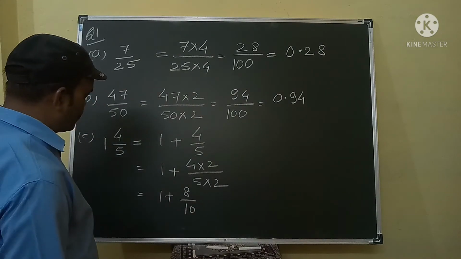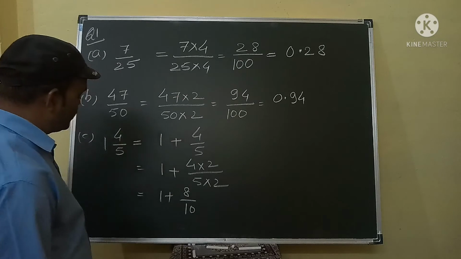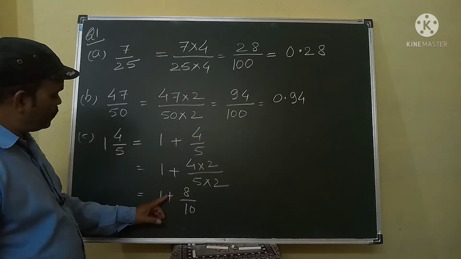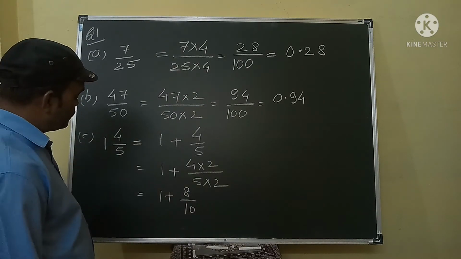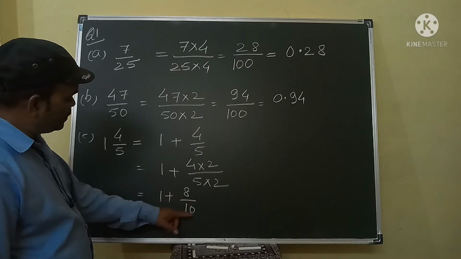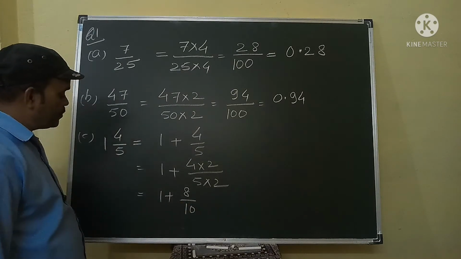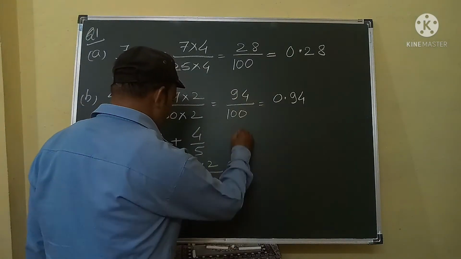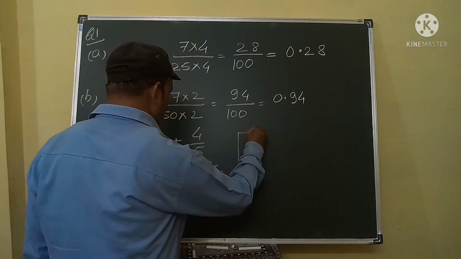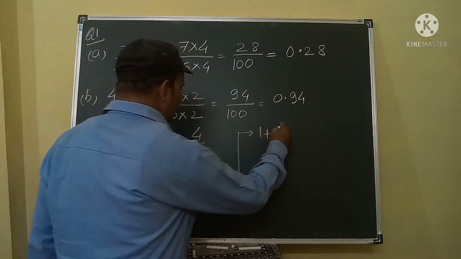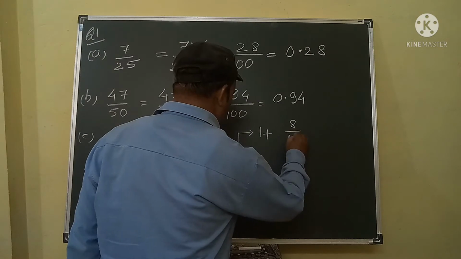This is 8 upon 10. And you know very well, 1 plus 8 upon 10, where 8 upon 10 is a fraction.